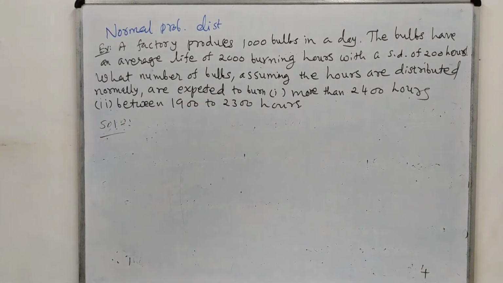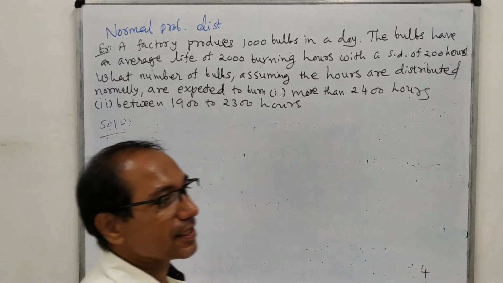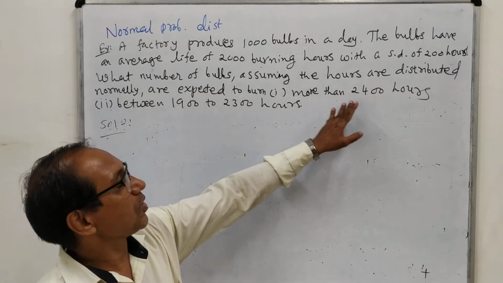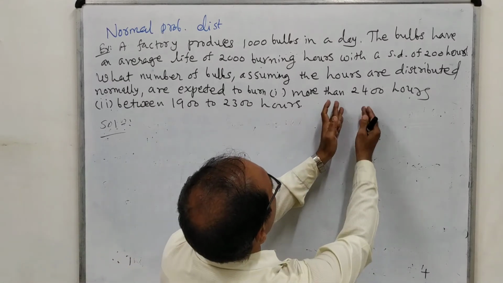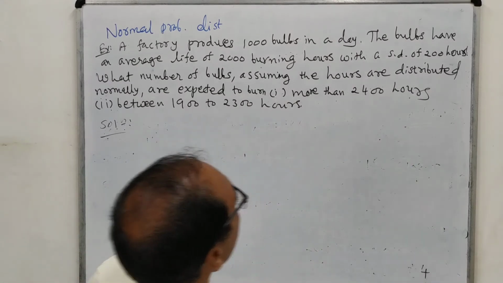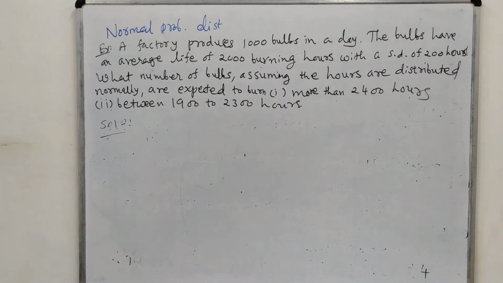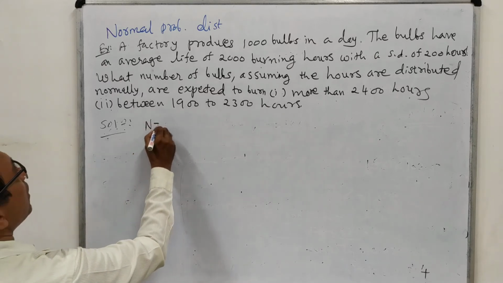More than, not exactly. In the last example we saw exactly at 103, but here it is not exactly, but more than 2400, so we don't need to consider the two values covering 2400. So we are given a total of 1000 bulbs.